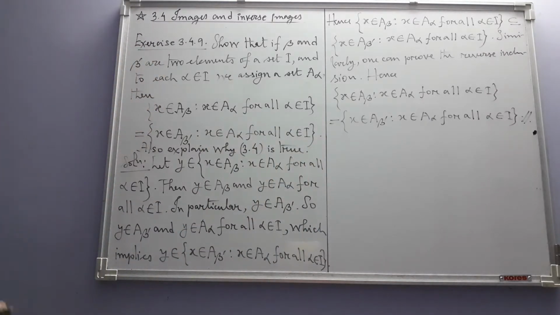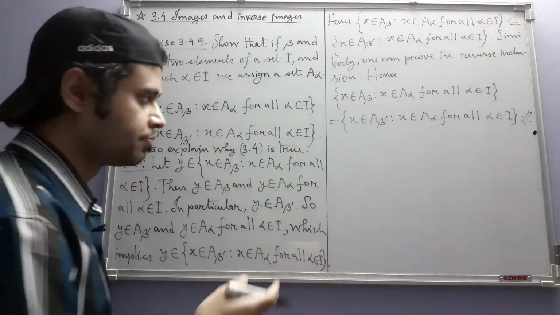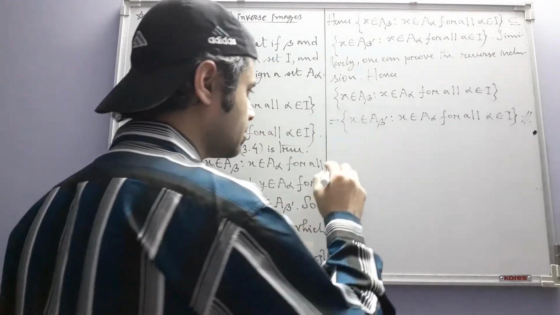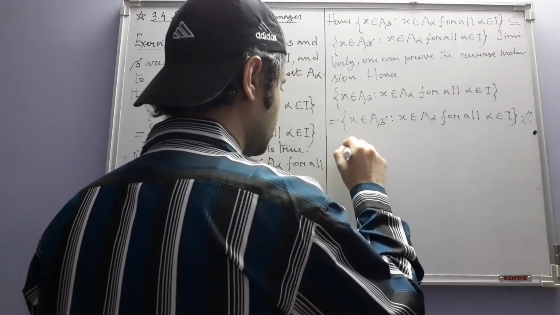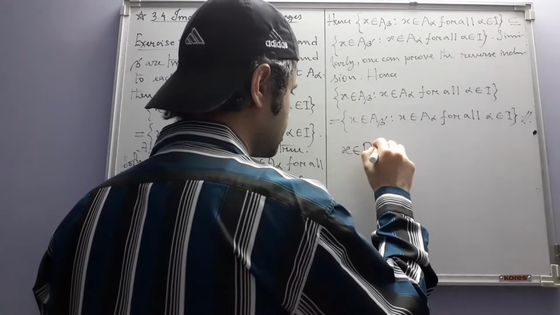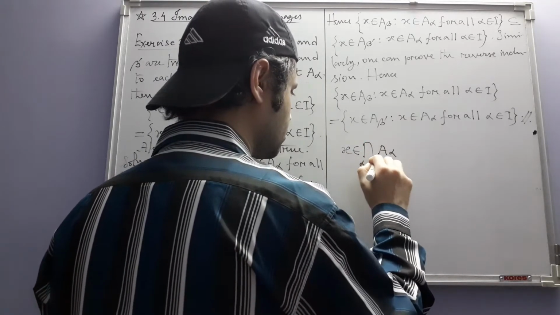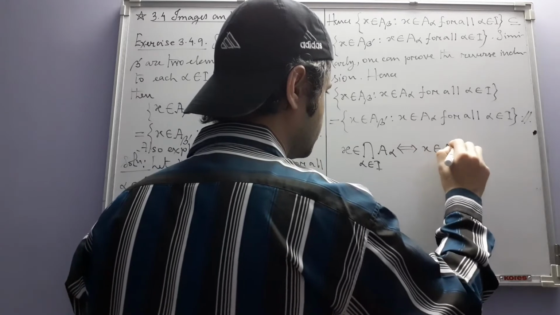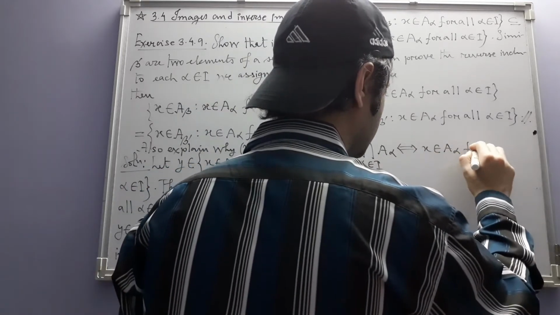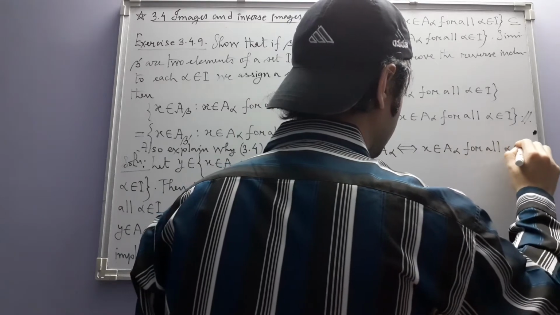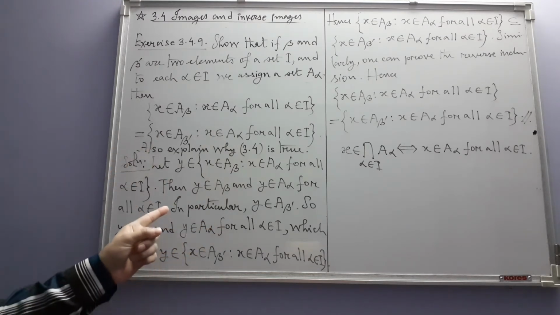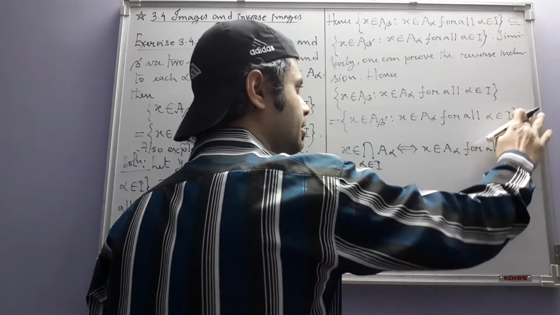And equation, although we have not used numbers to number the equation, at the end of the concept of intersection, we noted this: x belongs to this intersection if and only if x belongs to A alpha for all alpha belonging to I. This is equation 3.4.